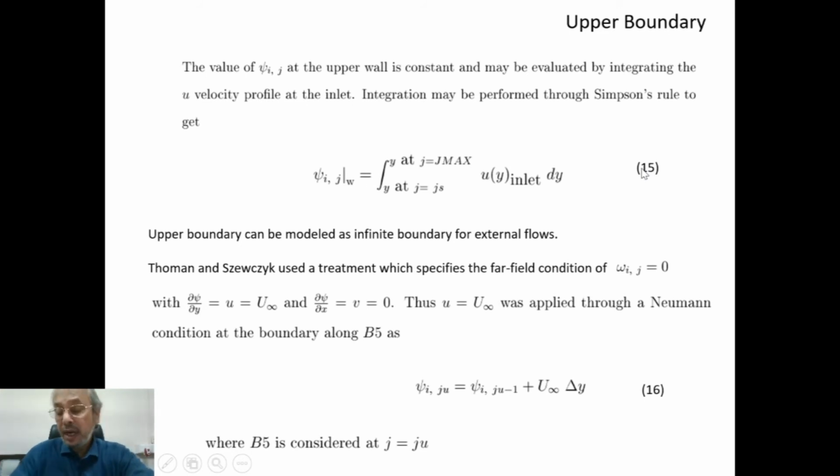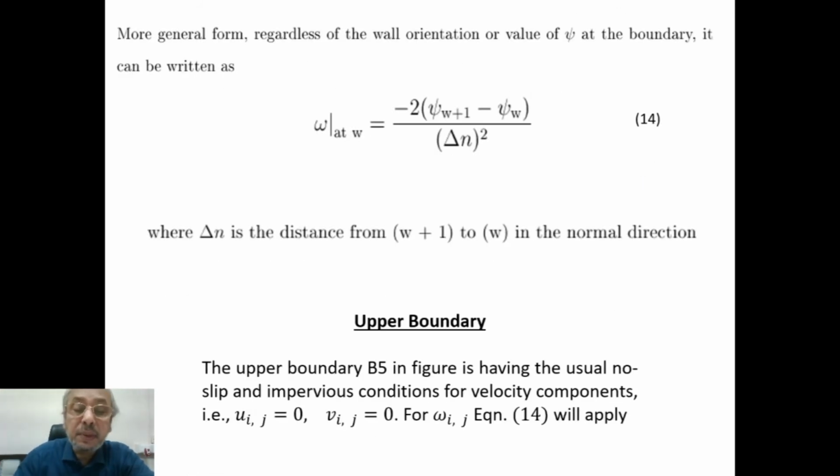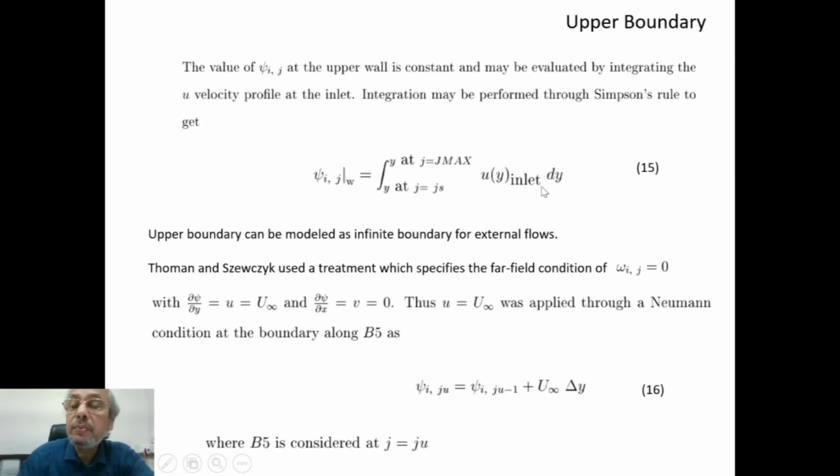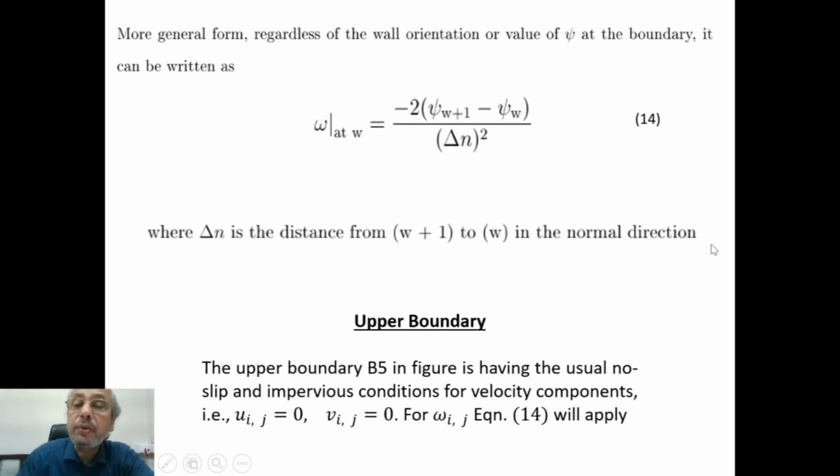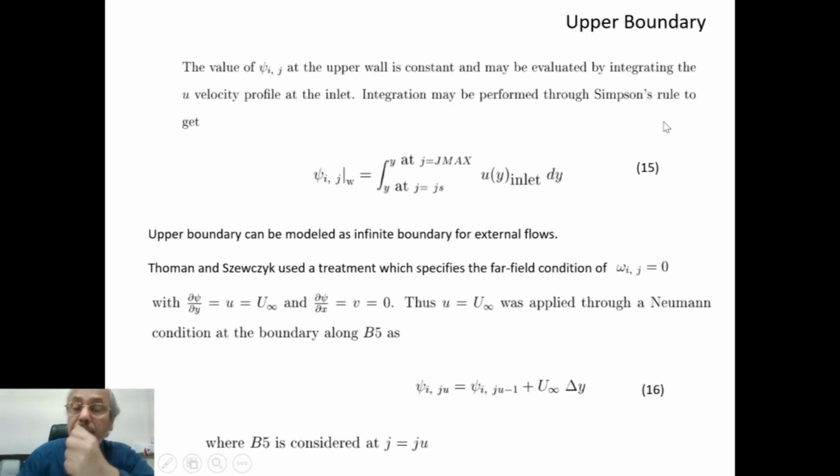So if the upper boundary is a confining boundary, like what we have taken, u and v should be set equal to 0, omega can be found from equation 14, and psi can be found from equation 15.